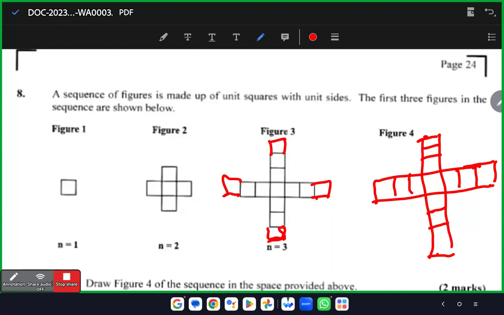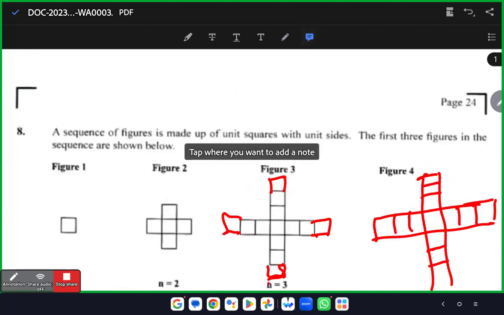So as you can see, the number of squares here is the same as here where I made the edit. All right. And again, CSEC is not marking you for the drawing or the diagram itself. What they are marking you for is to see if you know what the number of squares in this case would have been.